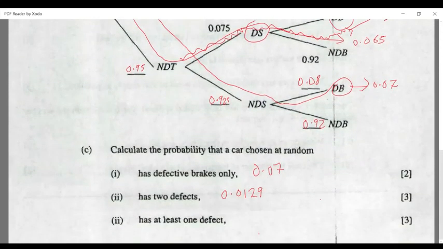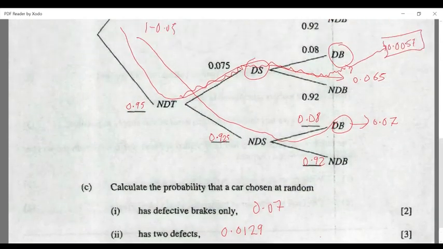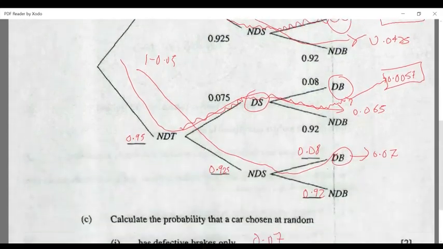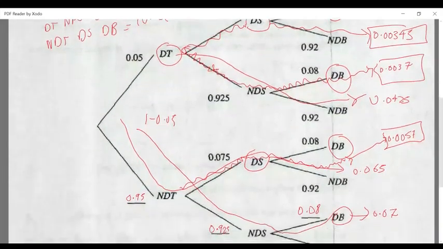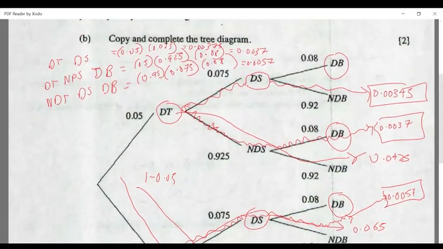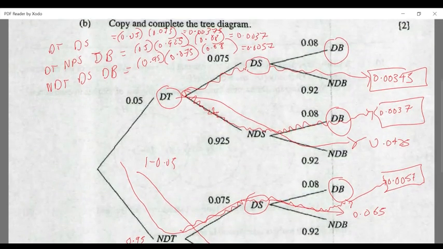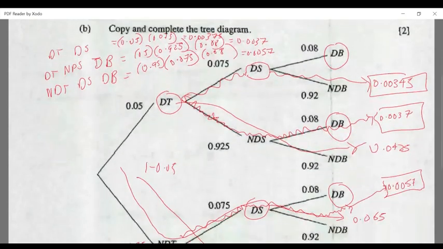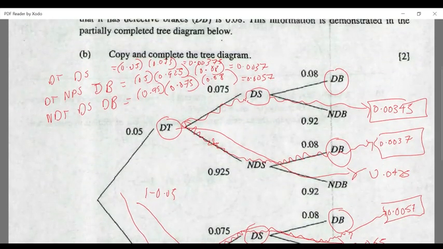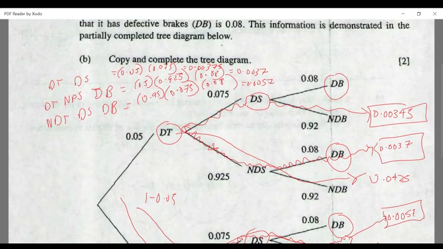Now, at least 1 defect. So luckily we've already done some of this work because we know that these 3 routes will give you at least 1 defect. So now we need to finish the other routes that have at least 1 defect. Okay, so we need to fill in the blanks.